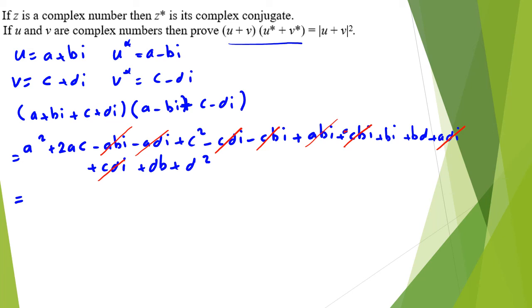Yeah, I can't find anything else. Hopefully I'm right. Okay, and then you simplify, you'll end up with this only, plus c squared plus b squared plus 2bd plus d squared. Yep. Now, so this is what I got from this.